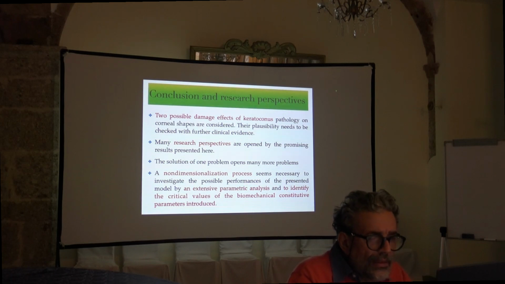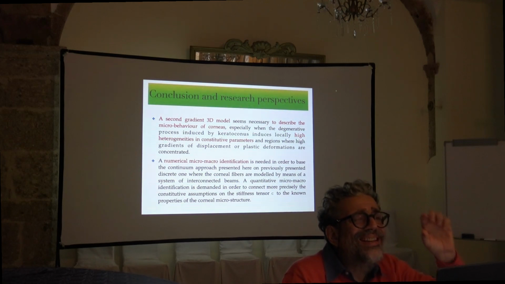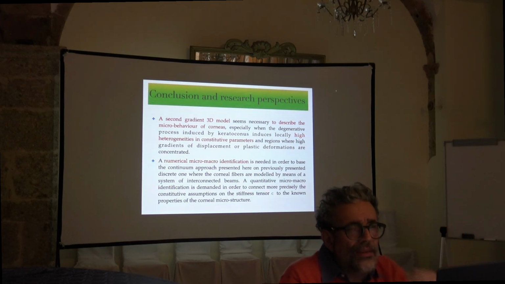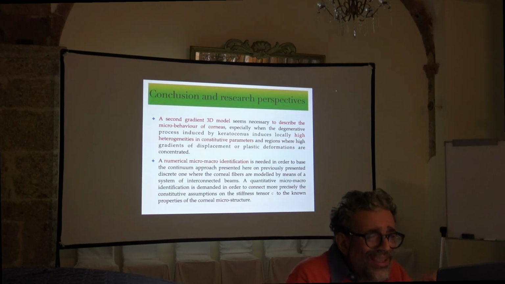And I think that what has to be underlined is that here we have high gradients of deformation concentrated at the interface between donor and host corneas. So I think that this boundary layer needs to be modeled in a better way.